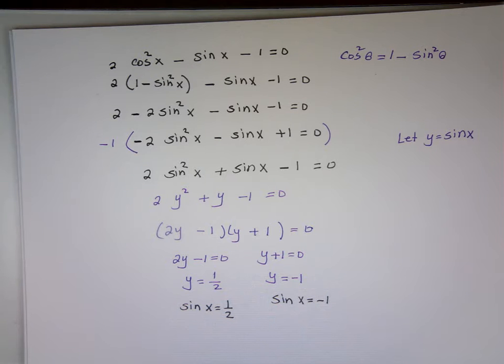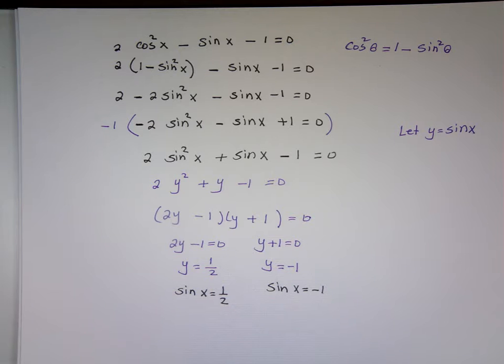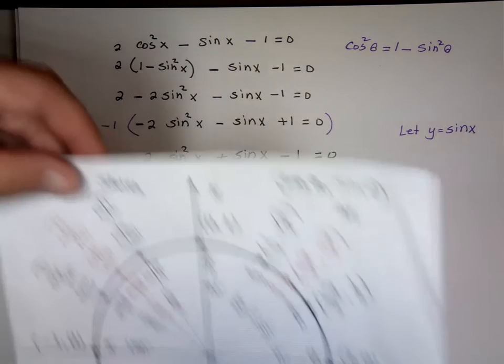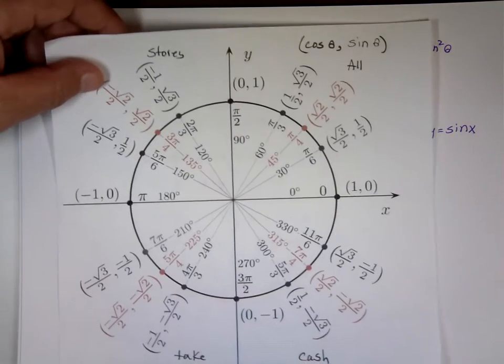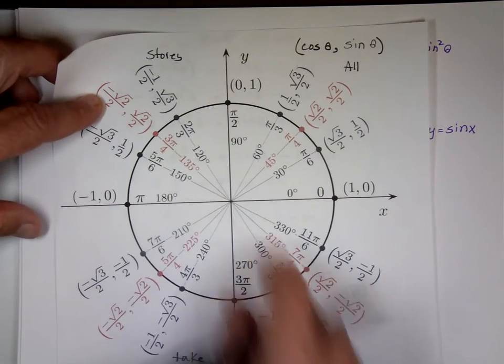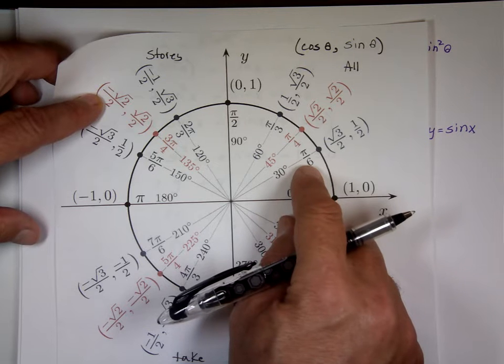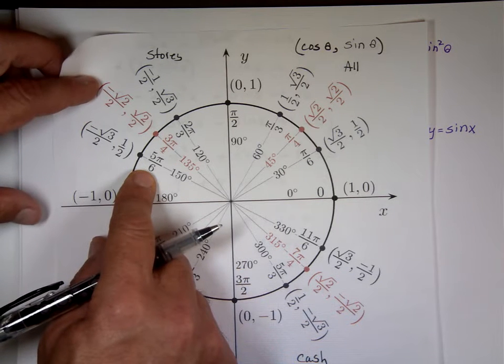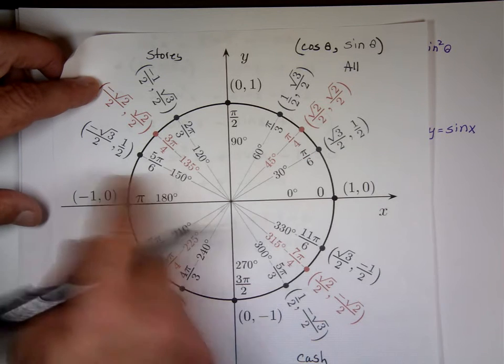Where's my unit circle? Let's solve this one first. The sign is positive, which quadrant? 1 and 2. The sine is the second number. Where is the second number equal to 1/2? Pi over 6 and 5 pi over 6. Can you see them? Pi over 6 and 5 pi over 6.